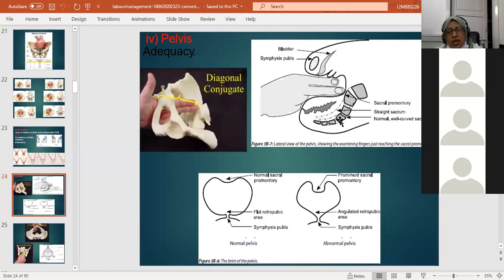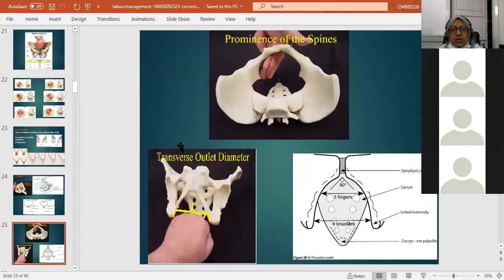Then for the cavity, we assess the distance between the ischial spines by measuring with three fingers. The sacrospinous ligament should occupy three fingers, and we call the distance between the ischial spines 10 centimeters. So these are the fingers which show that three fingers occupy the sacrospinous ligament.